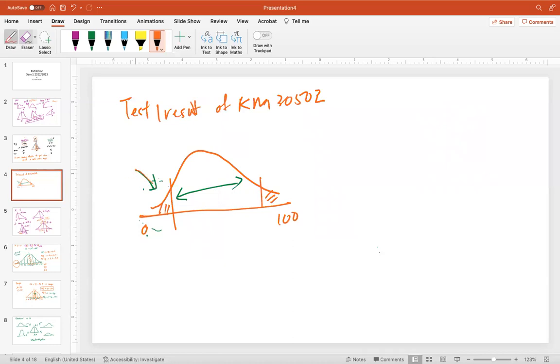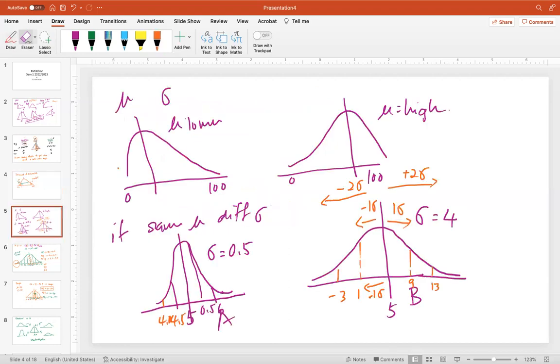Some of them perform poorly, some perform excellently, and most of them are in the middle, the majority pass and perform averagely in the class. So that is very common.